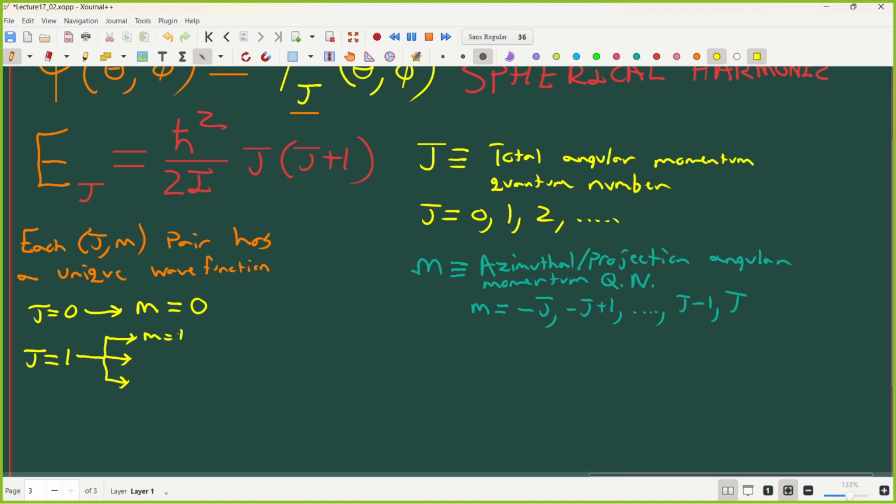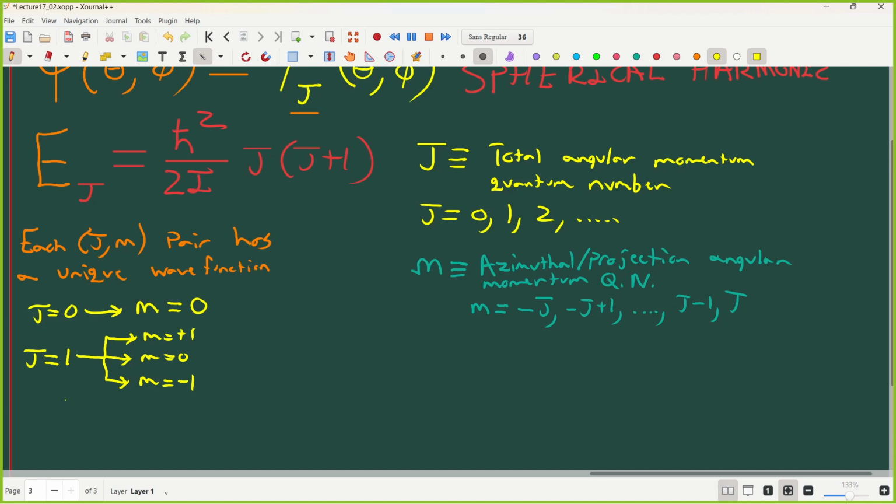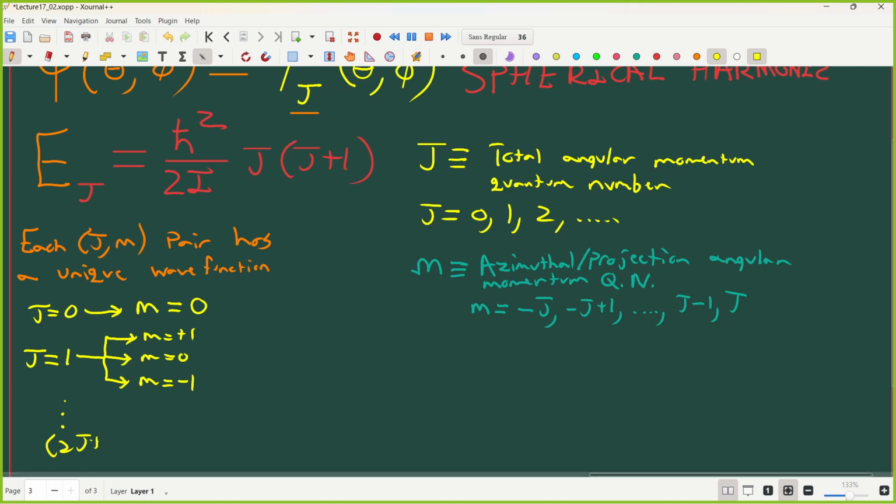M equals plus 1, M equals 0, and M equals minus 1. And I can just keep going. There's going to be 2J plus 1 degenerate states, right? They have the same energy per J.